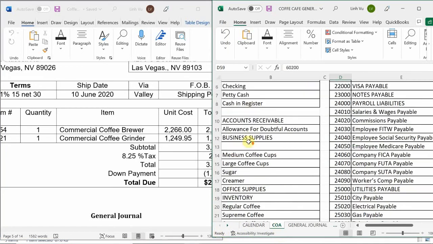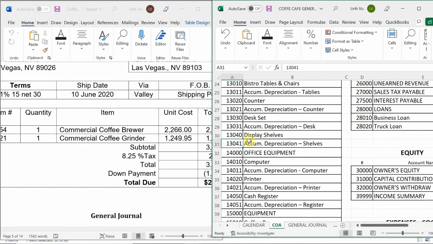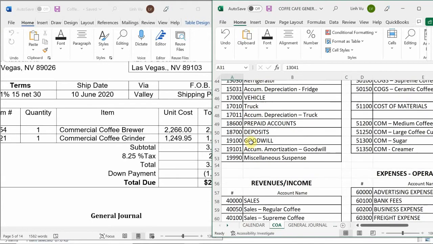My miscellaneous suspense account is account number 1999-90, right? And we received a bill for $2,000. We only have $5,000 in the bank. Are we going to pay this now or later? Later. We're going to pay it later.